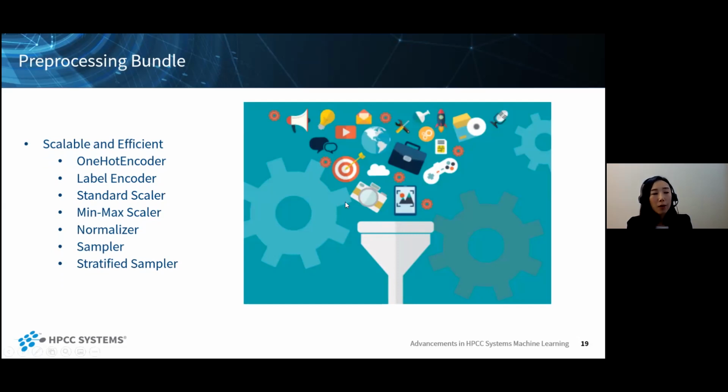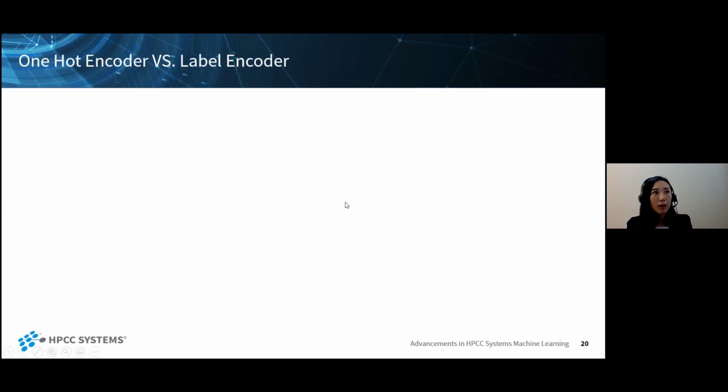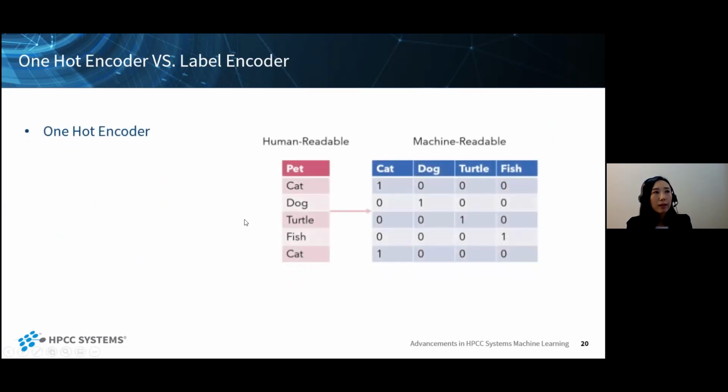So I'll focus on introducing the one-hot encoder and its comparison to the label encoder here. We made the one-hot encoder scalable and efficient, and also realized the interface as a Myriad interface in HPCC Systems. So how do we use the one-hot encoder here.